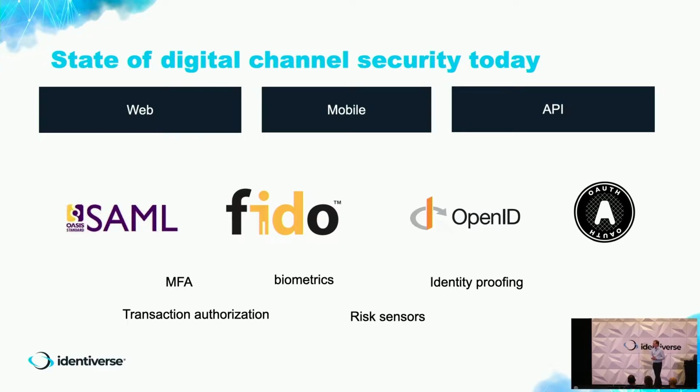We've used things like SAML and OpenID Connect to build these out and provide a single point of identity so you can authenticate across all these channels with one set of credentials. We've then taken that further and brought in stronger multi-factor authentication using biometrics and FIDO to provide really good, strong authentication.